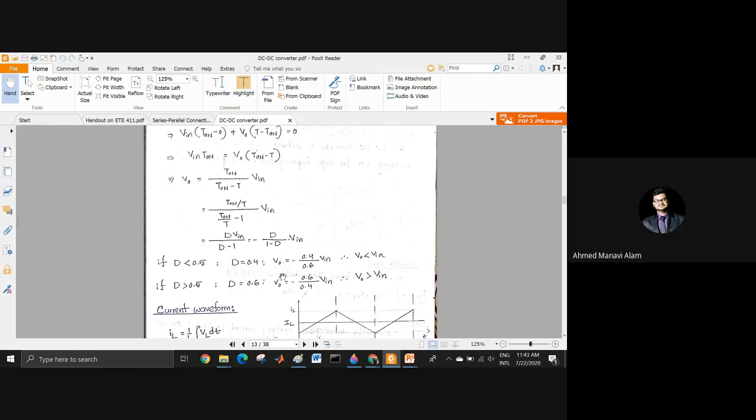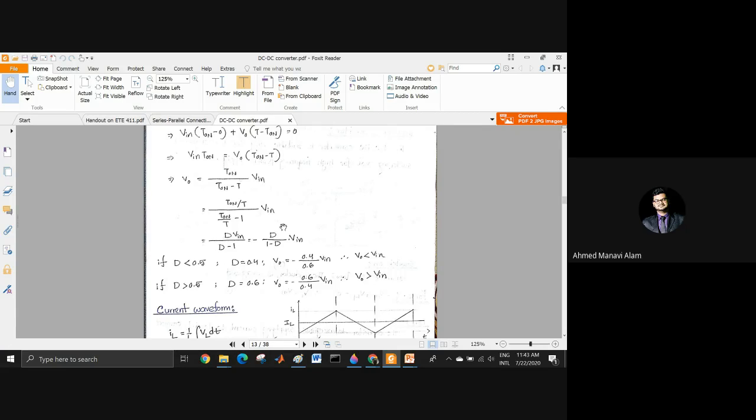Okay, so we can see the buck boost converter, whenever the duty cycle is less than 50%, it will work as a step down. Whenever the duty cycle is greater than 50%, it will work as a step up converter. So it is both a buck and boost converter.